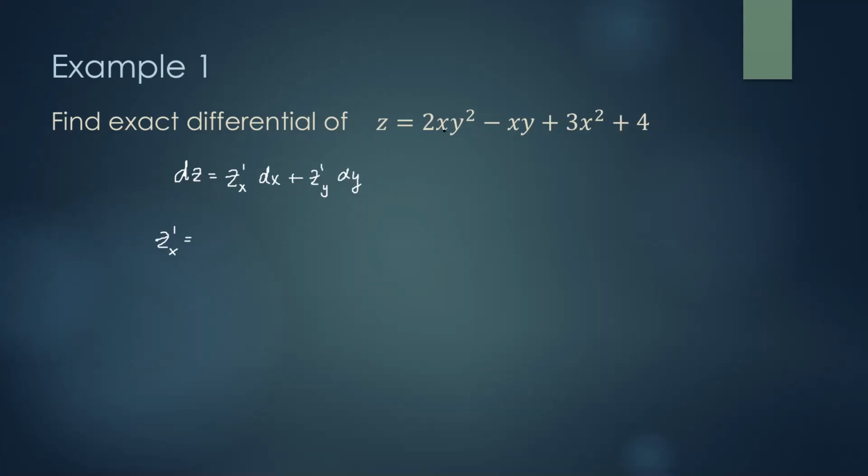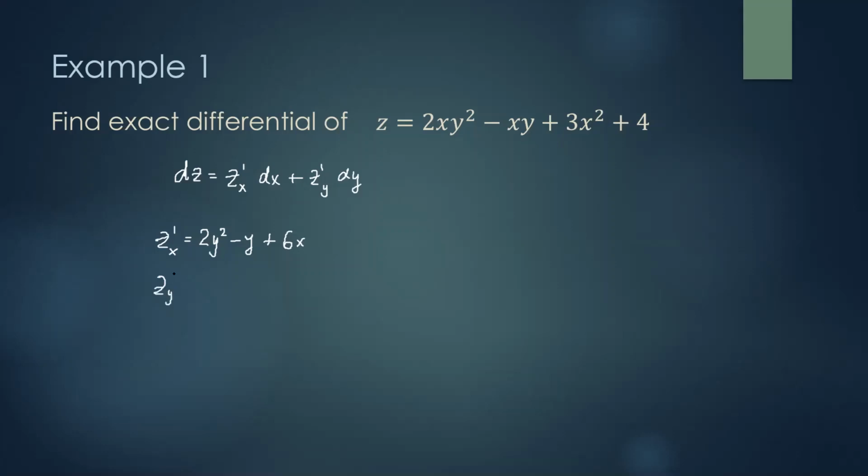So x derivative is 1. So the derivative of 2xy squared is simply 2y squared. The derivative of minus xy is, of course, simply minus y because it's x derivative, plus, and 3x squared derivative is 6x. We actually had this very same function, I think, on Monday as well.